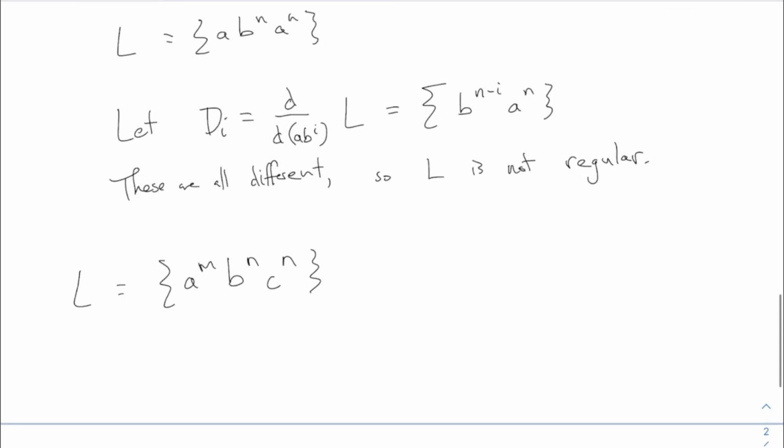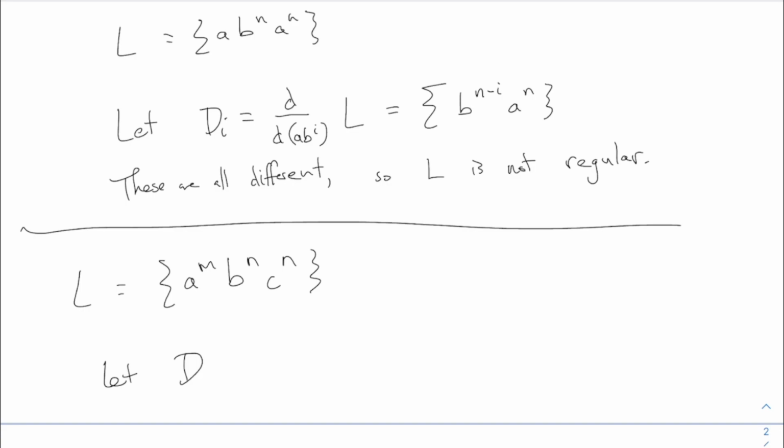In the previous example, we had just a single a at the beginning, which you had to get past. So I did the derivative of the a first and then a bunch of b's. Now I have a to the m. So we have now a bunch of a's at the beginning. I think there is an obvious thing to do when I choose the d's, which turns out to not really work properly.